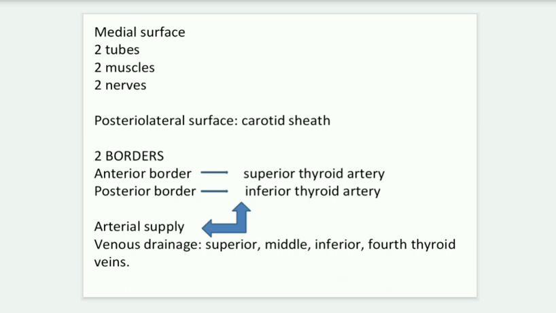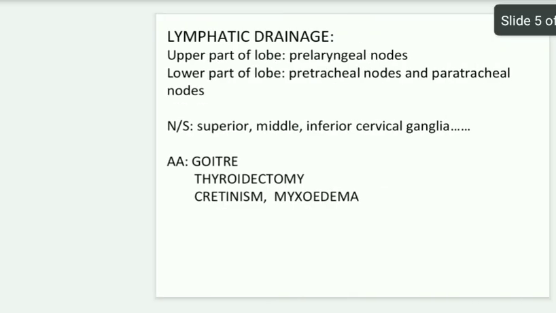These are the points to be covered in the presenting parts of the thyroid gland: apex, base, three surfaces and your two borders. When coming to the blood supply, the arterial supply is by both superior and inferior thyroid arteries, and your venous drainage is by superior, middle, inferior and fourth thyroid veins.